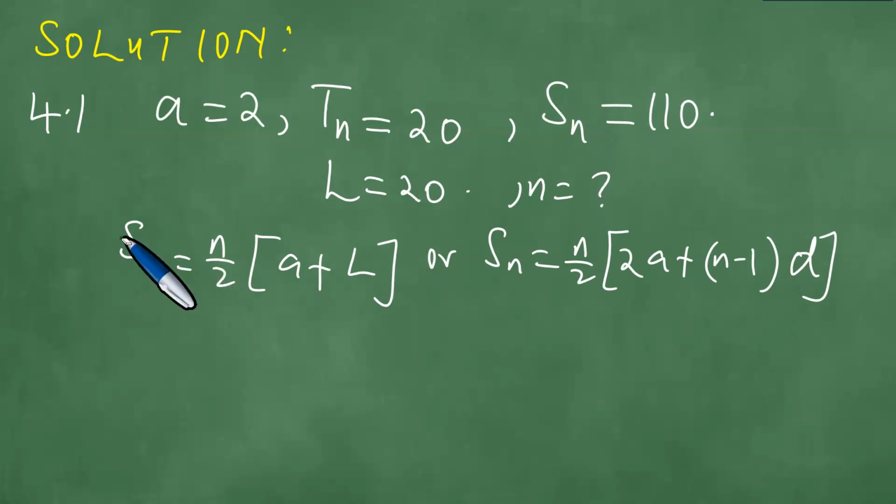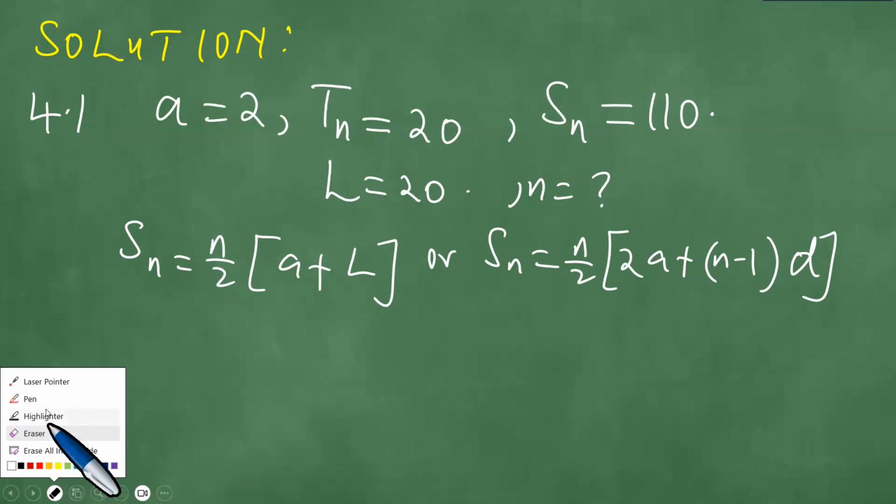So if they gave the sum, Tn is like the last term. We also call it the last term. So you can put the Sn equals 110 here, the 20 here, and then you put the A here, and you can get your n. Okay, we show that here as follows.